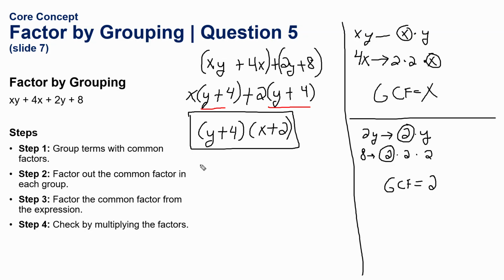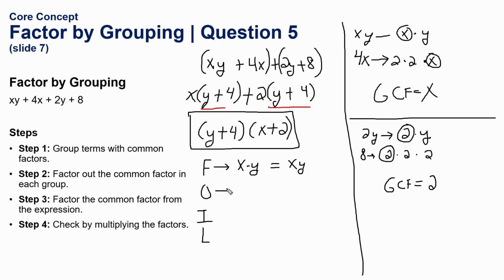Now, to check our work, again, we can check by multiplying the factors. Specifically, we can use the FOIL method, first, outer, inner, last, to do this. So first is going to be the y times x, or x times y, if we're going to follow the structure from above. So that's xy.